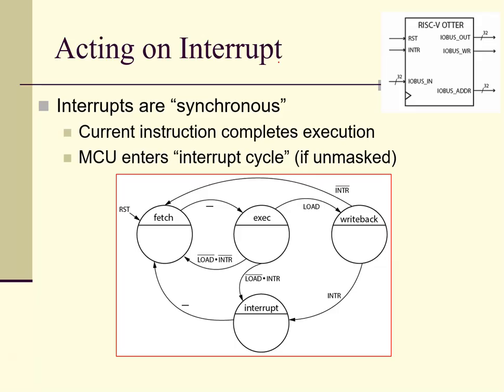You can see there is one state where everything that needs to be done to process the interrupt is done in hardware. So there's only one state because in that one state we can do everything that needs to be done to set up to go into the interrupt. If we couldn't do that, we could add extra states for the interrupt.